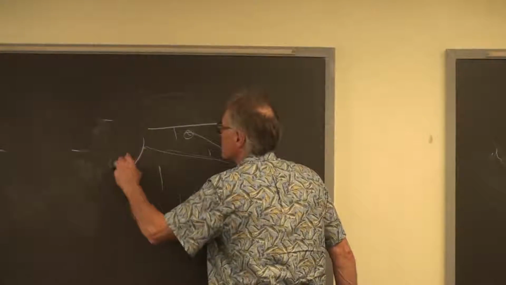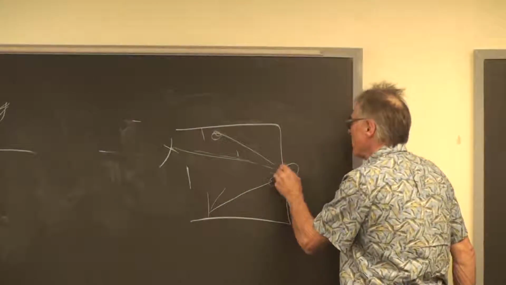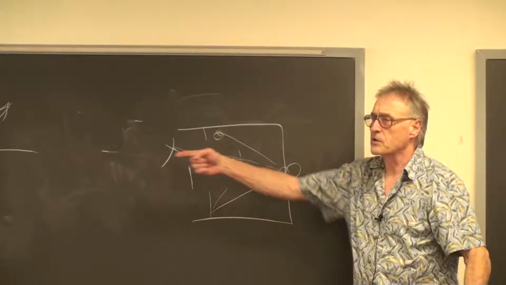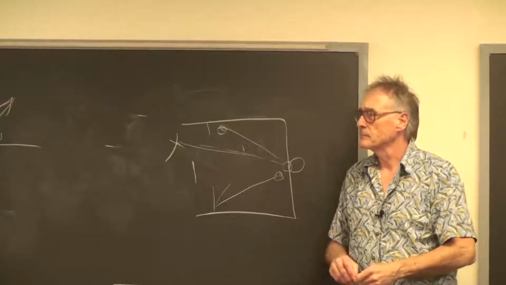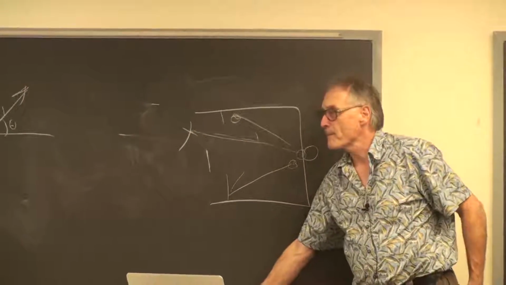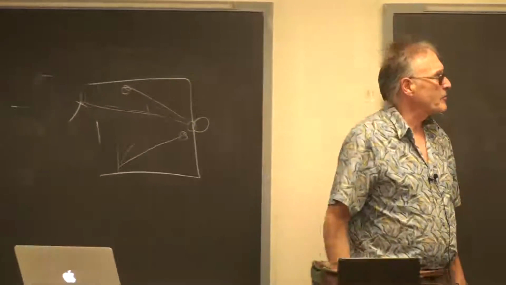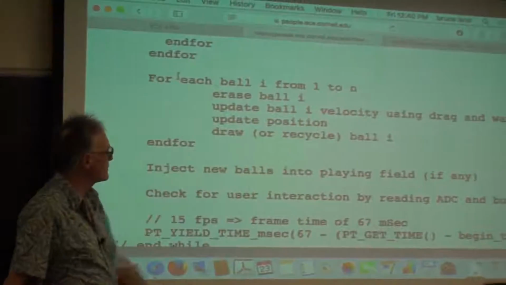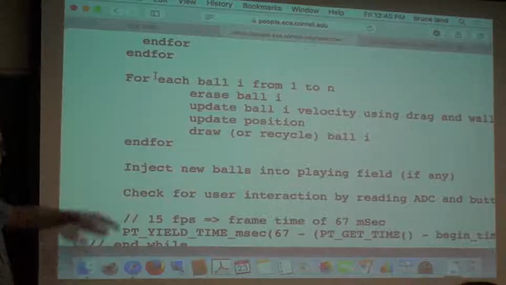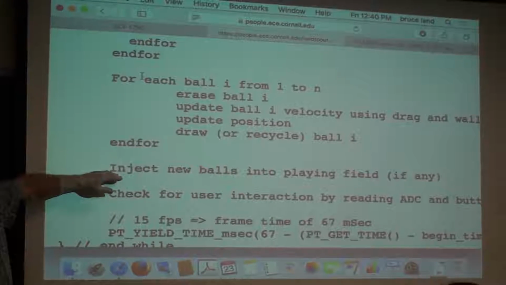So if a ball goes off this side of the screen and just disappears, it's going to end up being held over here for a while until it goes back on the screen again. So we might have to recycle ball I, or we have to redraw it. Then inject new balls into the playing field, if any.